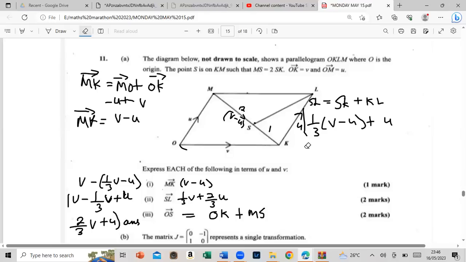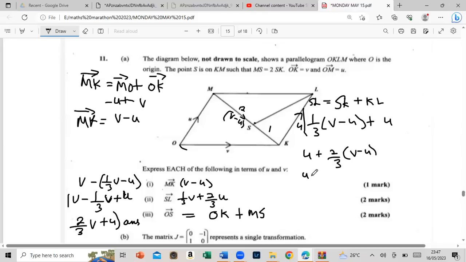So let us say you are taking this route, it is going to be U, or OM, plus, we go from M to S, alright? From M to S is actually 2/3 of the entire distance V minus U. We're going with the arrow, so it's good. Probably it would have been easier. So then we multiply.